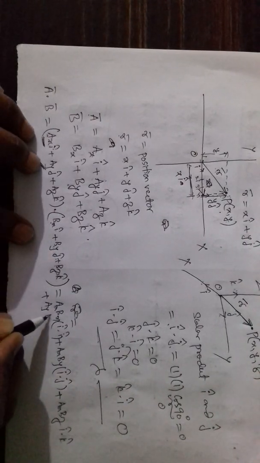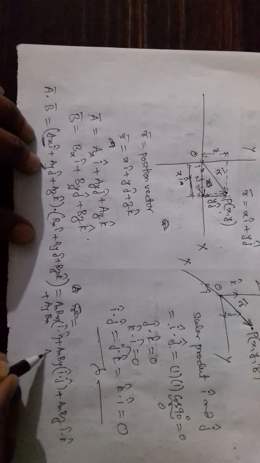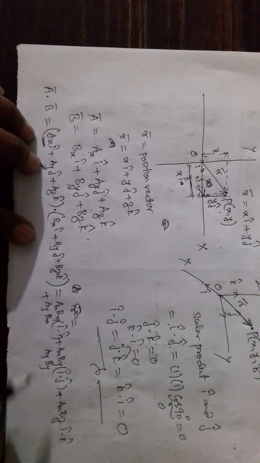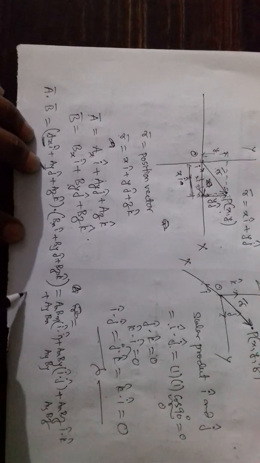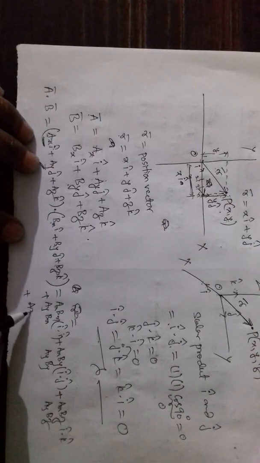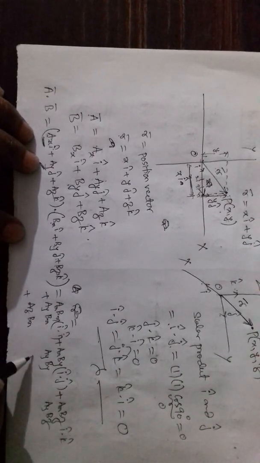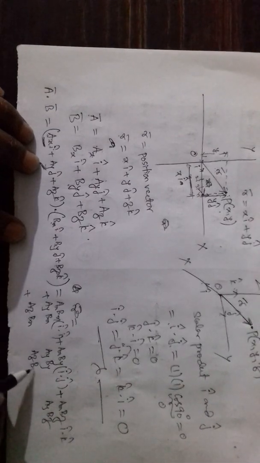Now let us choose ay bx, ay by, ay bz. Next az bx, az by, az bz.